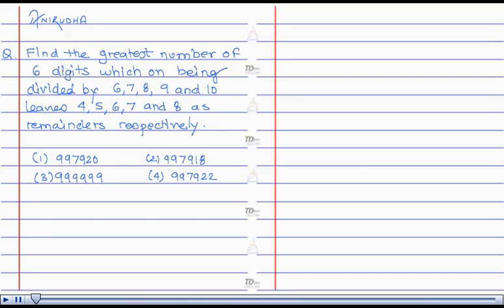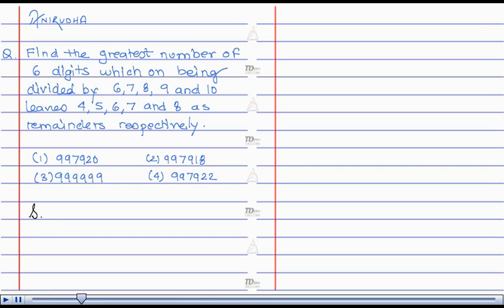Hello, I am Anirudh. The question is, find the greatest number of 6 digits which on being divided by 6, 7, 8, 9 and 10 leaves 4, 5, 6, 7 and 8 as remainders respectively. Let's see the solution.